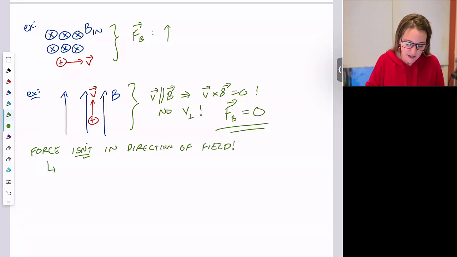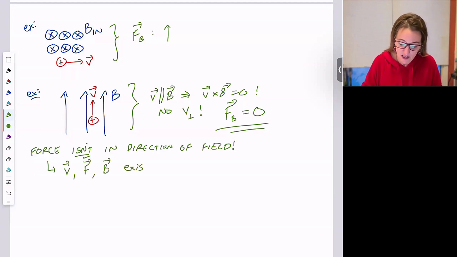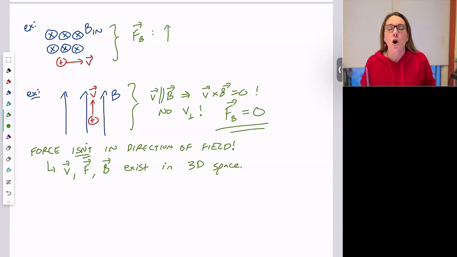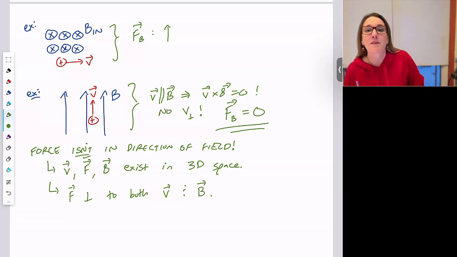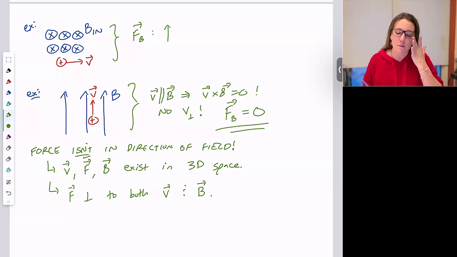And in fact, V, the force, and the magnetic field exist in 3D space. So that's going to be our picture that we have to always be thinking three-dimensionally in order to see this, right? Our force, in fact, is perpendicular to both the velocity and the magnetic field. Okay, so this is fundamentally the magnetic force.